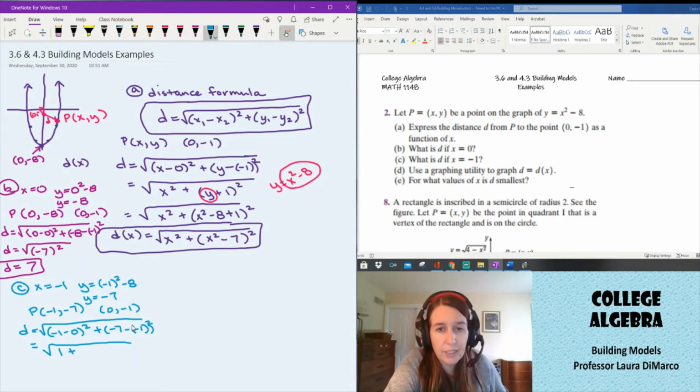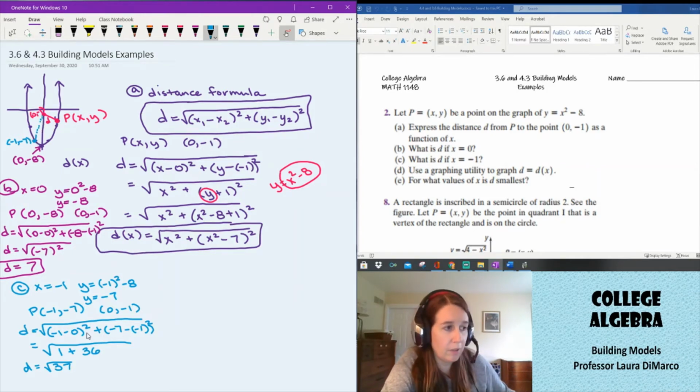And then -6 squared is 36. Awesome. Okay, so now my distance is the square root of 37. That is totally fine. Notice the point is (-1, -7), so it's right here. And then we're looking at the distance between this point and that point. So it's just a decimal, a little bit more than 6. Okay. That was part C.